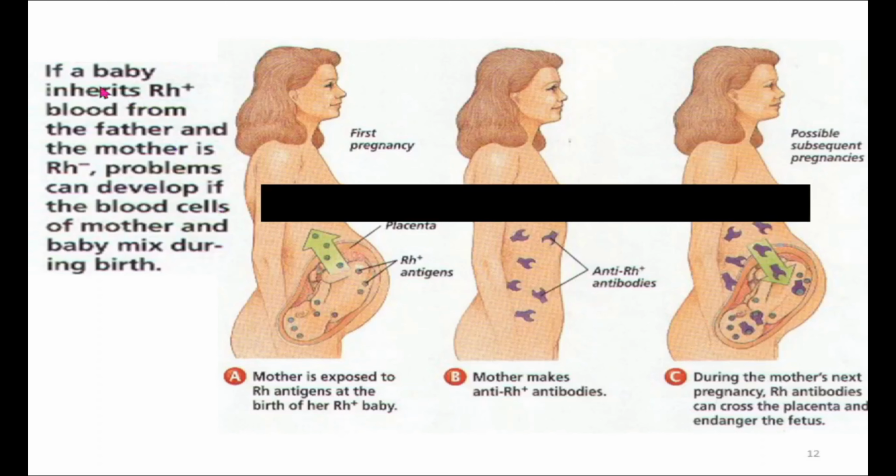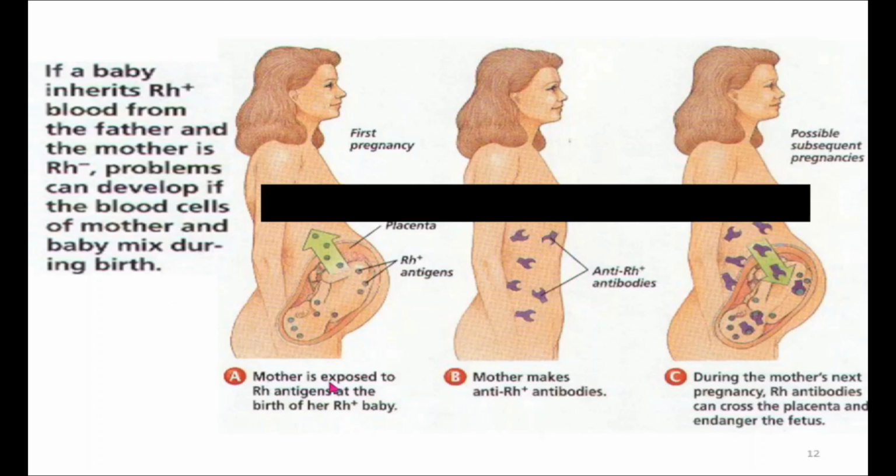Consider this: if a baby inherits Rh plus blood from the father and the mother is Rh negative, problems can develop if the blood cells of mother and baby mix during birth. If there is no mixing of the blood, there may not be problem even though the baby is plus. Okay, that is good.